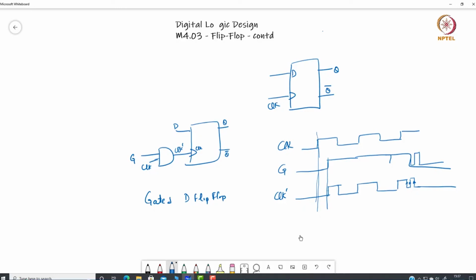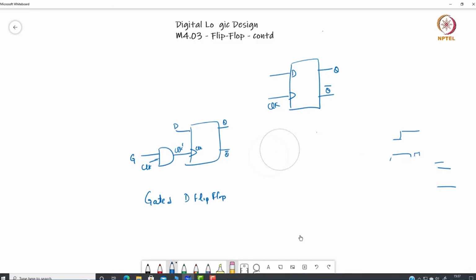The alternative arrangement could be something like, instead of gating the clock, we can do some sort of a chip enable signal.